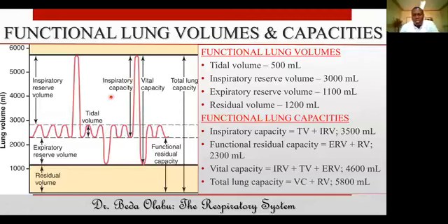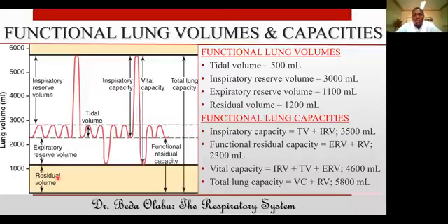The last one is total lung capacity. We get total lung capacity by adding vital capacity to the residual volume. It's about 5.8 liters. How do we define total lung capacity? Total lung capacity is the total amount of air that the lungs can hold.